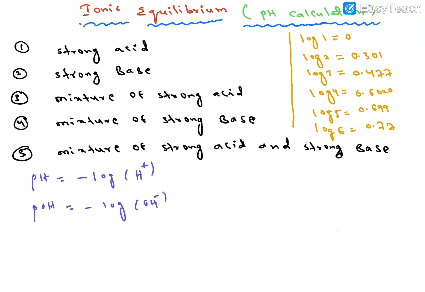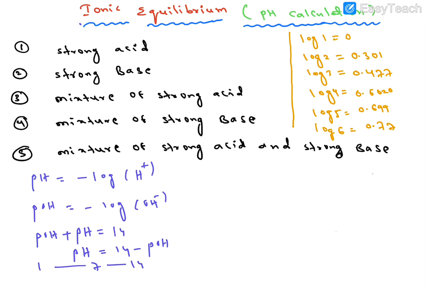And we know that the pH scale is present between 1 to 14. So pOH plus pH is equal to 14. So pH is equal to 14 minus pOH. So we know that the pH scale is present 1 to 7 and 7 to 14.